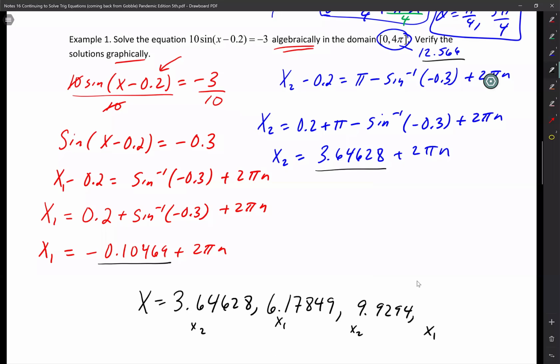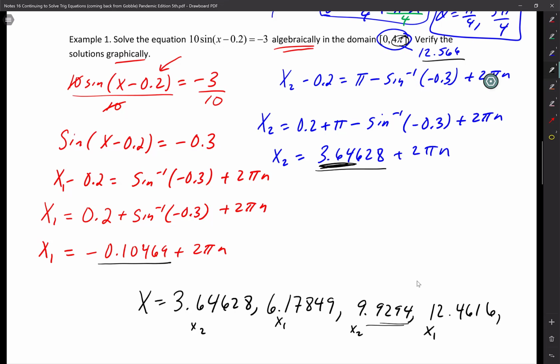So I'm going to write 12.4616. And I think that's it, guys, because if I take the 9.9294 and I add 2 pi, I will be outside the 4 pi, because that's like 3.64628 plus 4 pi, and the 3 is already positive.